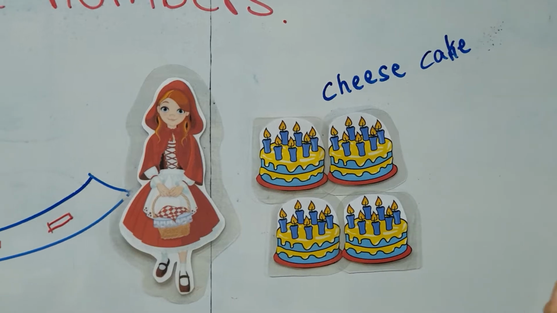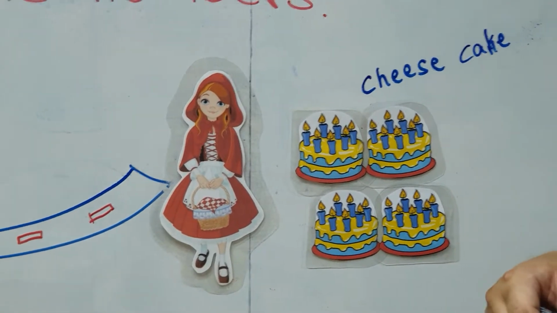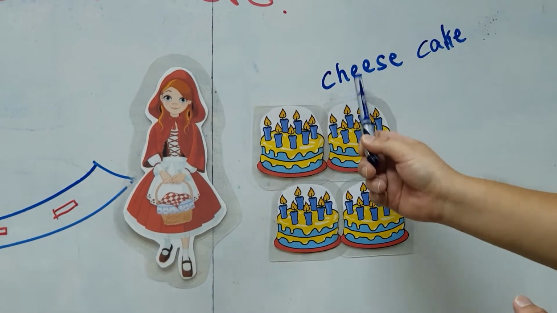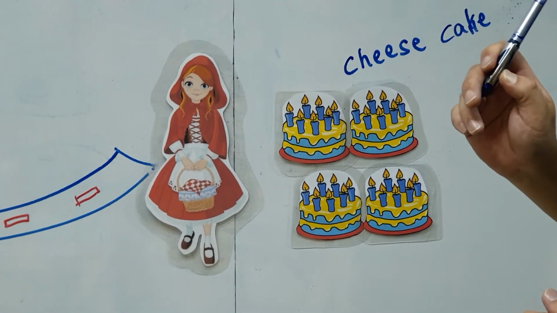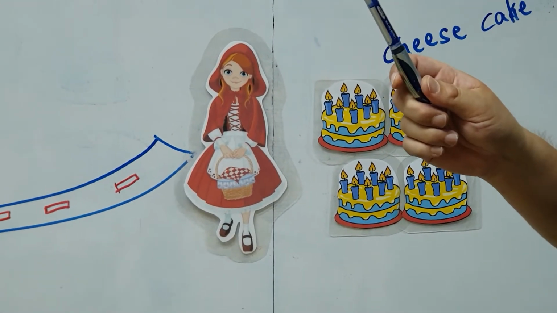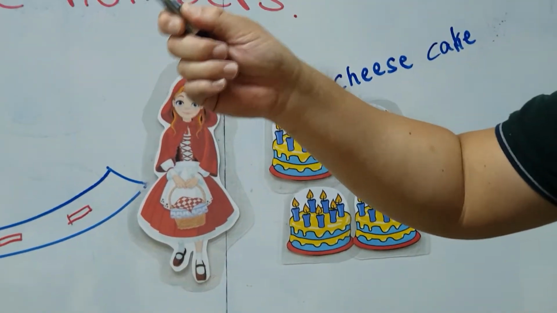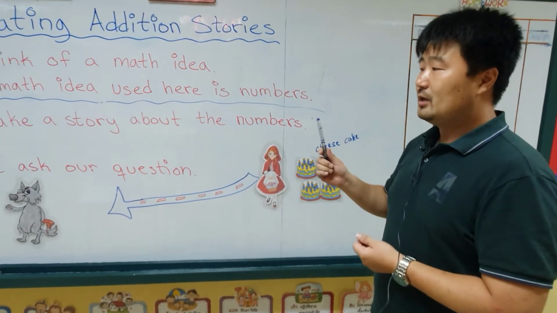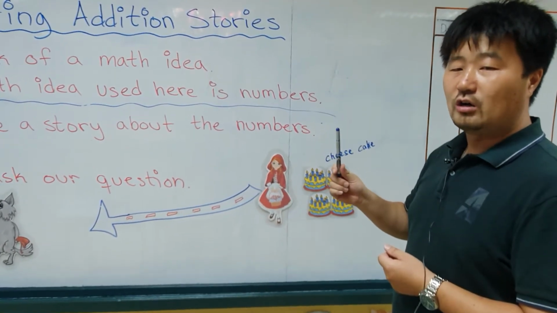And then she wanted to give them to her grandmother because she knows her grandmother loves cheesecakes. But in order to go to grandmother's cottage, she needed to cross a very big dark forest.